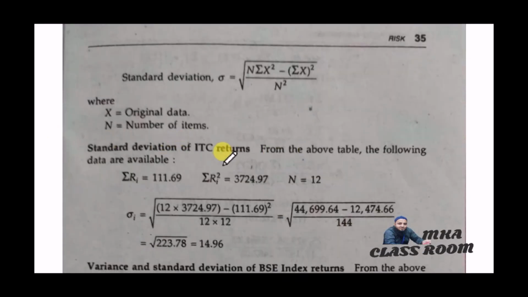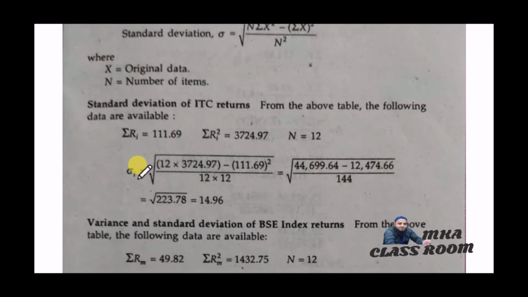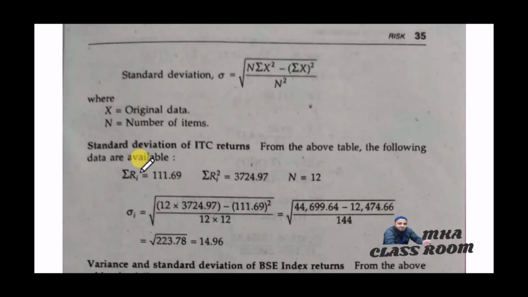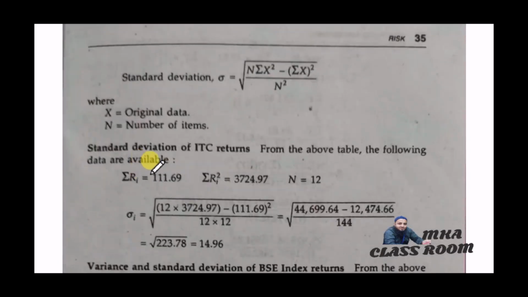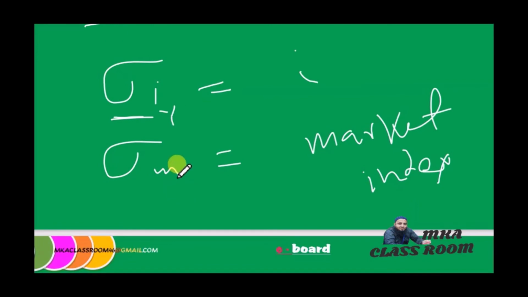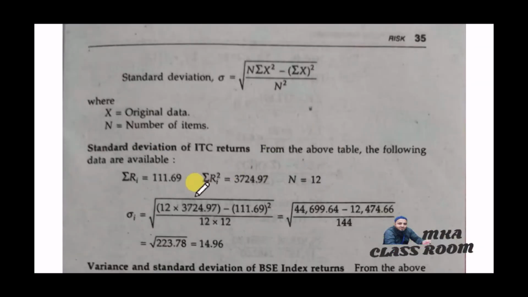So from that we can get our two standard deviations. One is for y and another is for m. That means here is y and here is for x. M means for x. So in the same way we are seeing that you can put down the value 12 and x square.